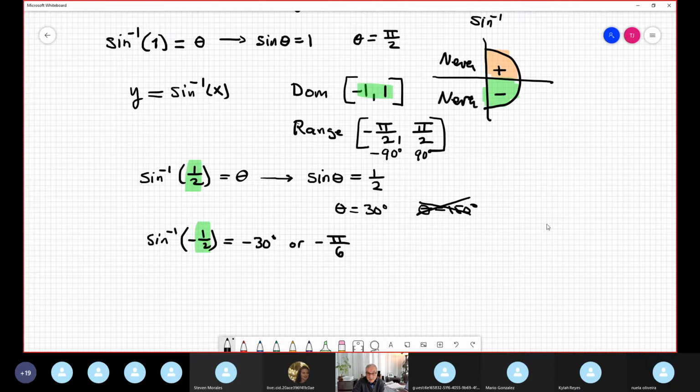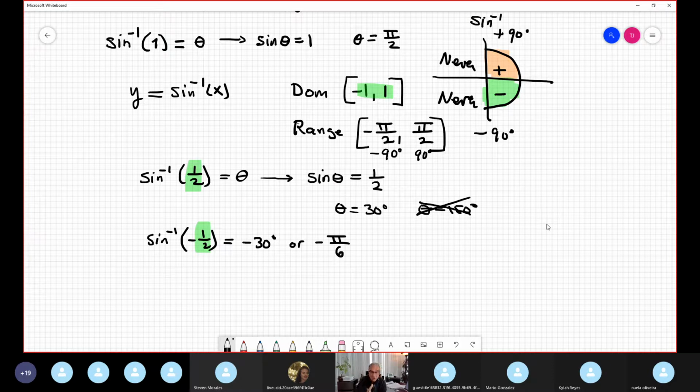The thing I try to explain is that the answer offered in the range of the inverse trigonometric sine is between negative 90 degrees here and positive 90 degrees. The rest is illegal. Why?